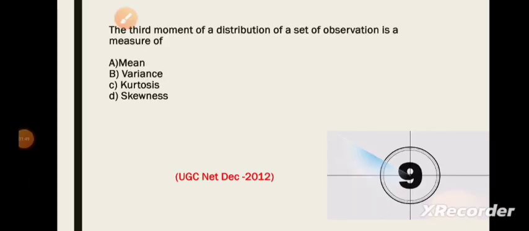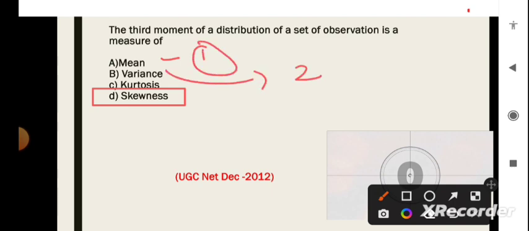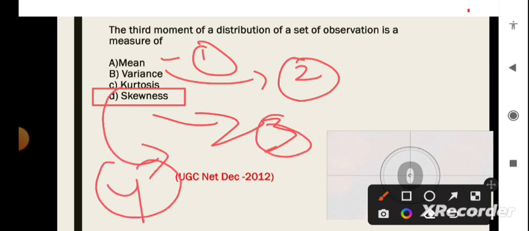Next question is, the third moment of a distribution of a data set of observations is a measure of which of the following? So here our correct option will be D, which is skewness. Mean is the first moment, variance is the second moment, skewness is the third moment, and kurtosis is the fourth moment of distribution.